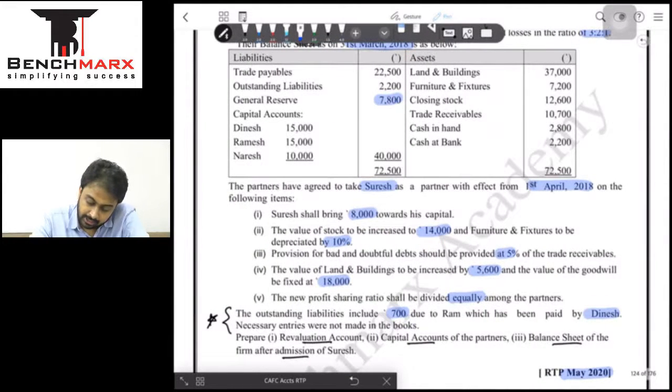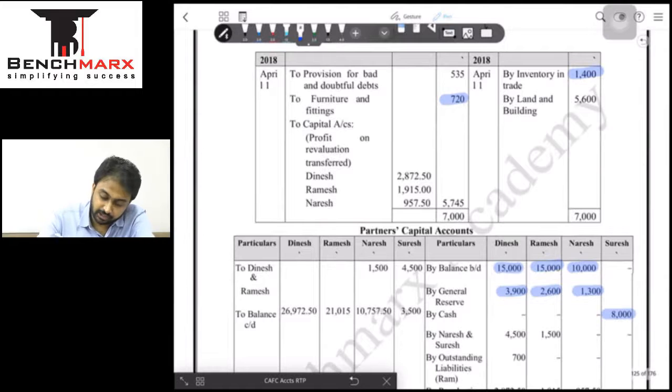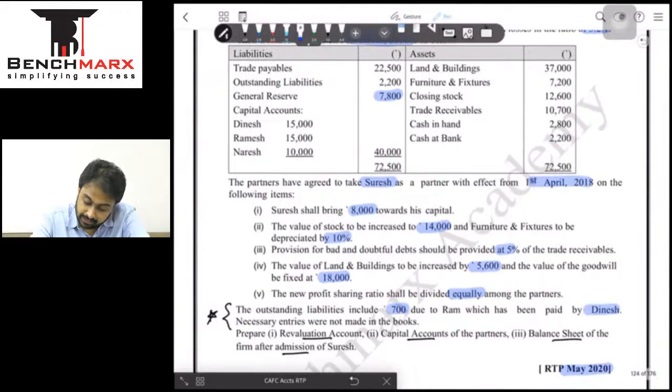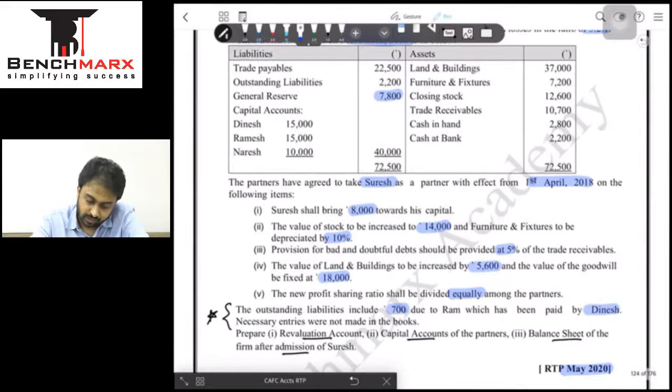आगे बढ़ेंगे. Bad debts is 5% of receivables, that is 5% of 1070, appears to be 535. That is again debit side of revaluation because it is a loss, it is a fresh provision. ठीक है. And then a building increased by 5,600, so go to reval credit side, it's a gain of 5,600 because it is increased by. ठीक है.